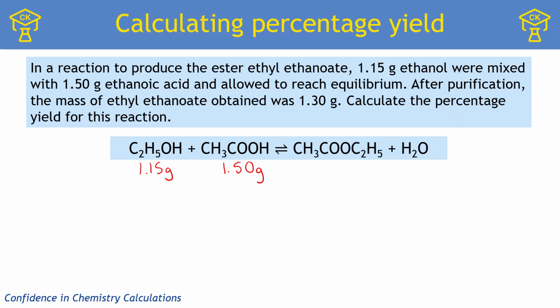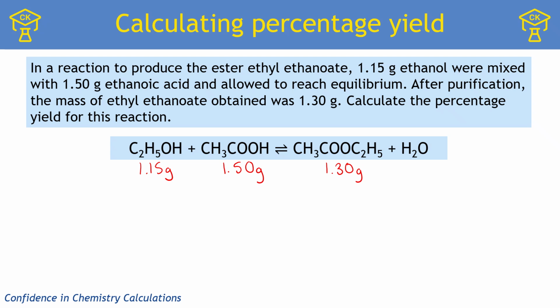You did come across these at GCSE. For ethyl ethanoate, we're told that the mass obtained is 1.30 grams. So that's my actual mass. So I'm going to use the masses of the reactants to work out the theoretical maximum possible mass of ethyl ethanoate I could make.